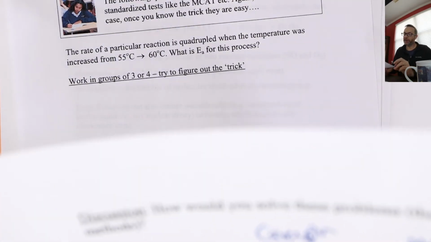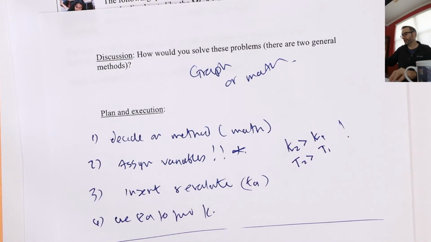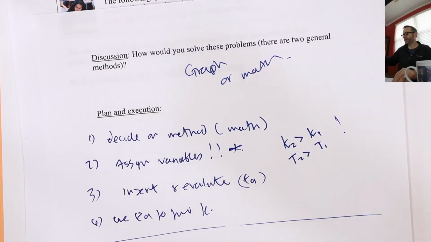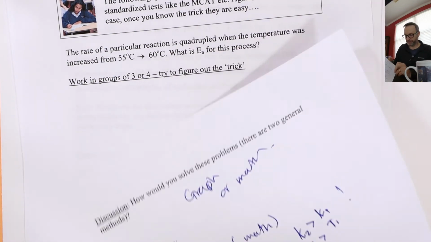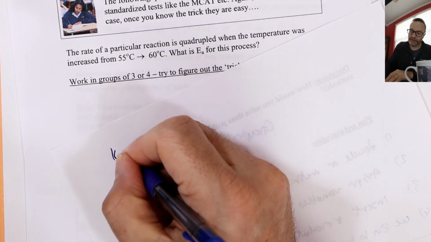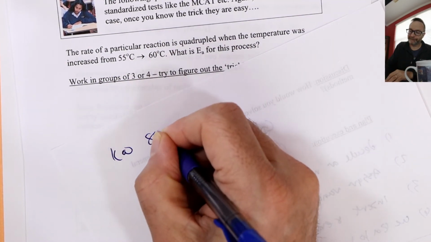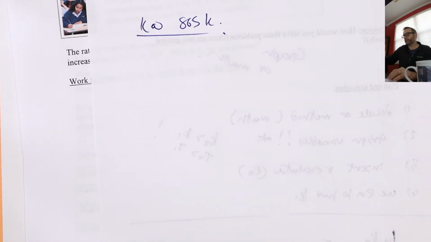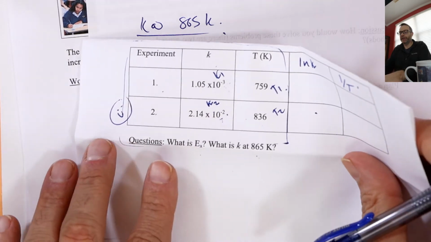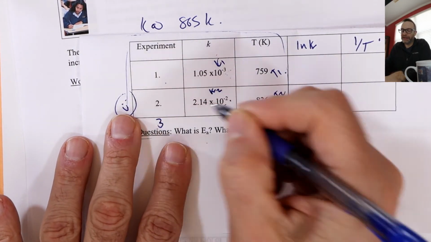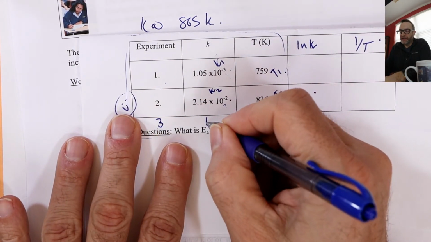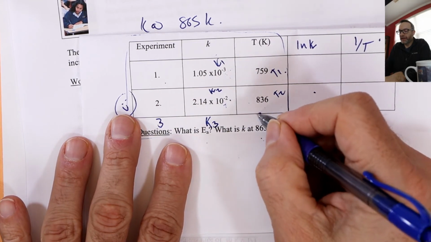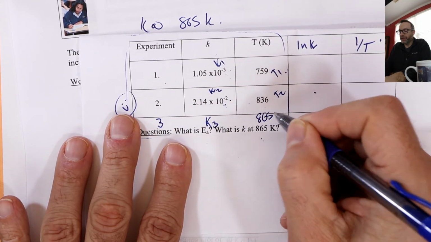All right, so part 2 is, let's go back to the question, K at 865. Okay, interesting. So if you think about it, what you can do, you can go back and make row 3, K3, 865, right?